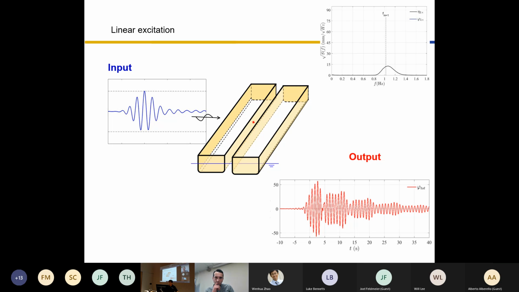We have a wave gauge centered in the gap, and we measure the surface elevation, which is shown on the bottom right corner. The red curve is the response.